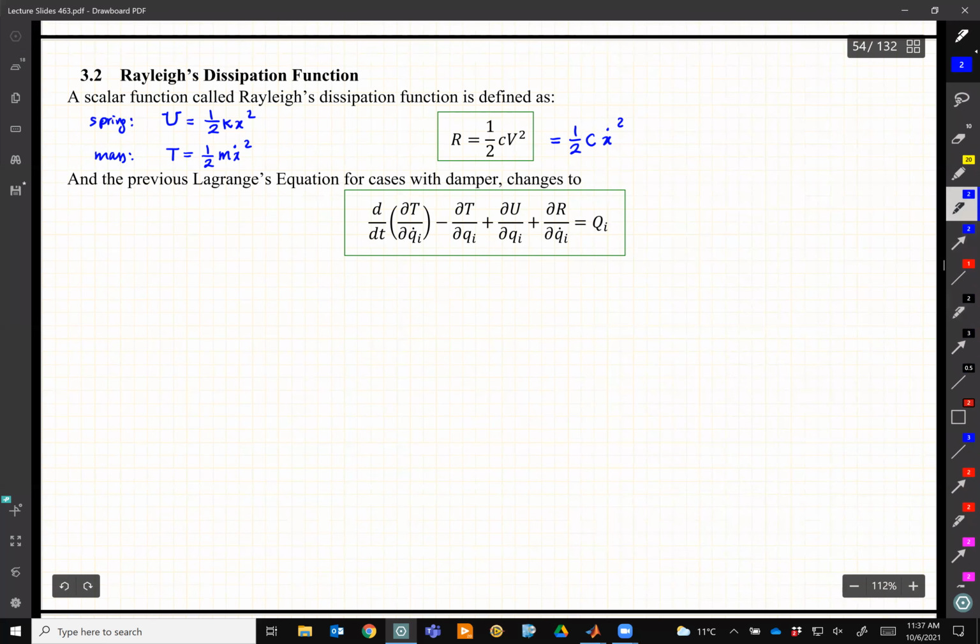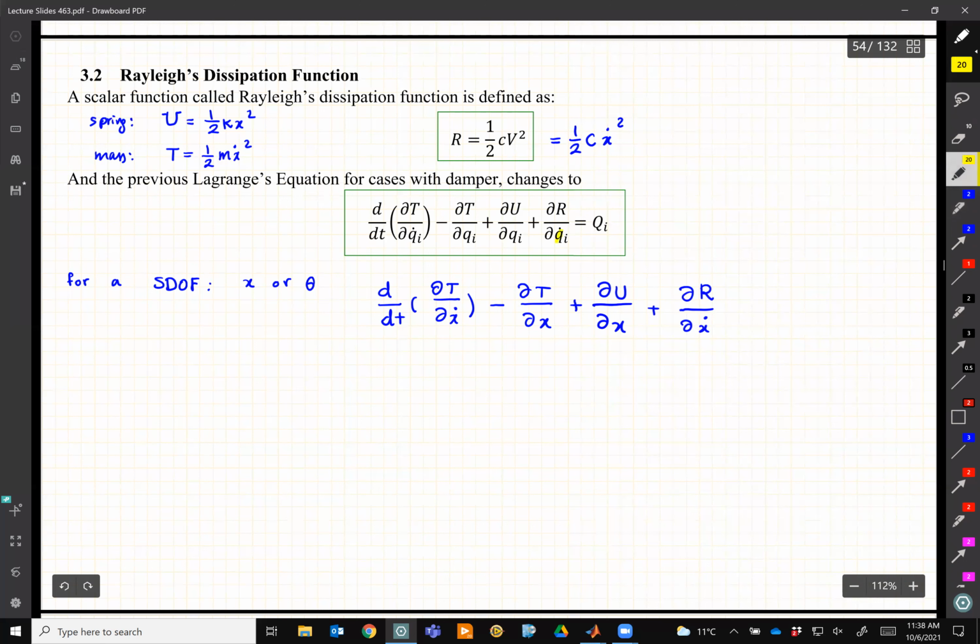So for a SDOF system, a single degree of freedom system, either we have x or theta, right? Our variable. So this becomes d over dt derivative of T with respect to x dot, minus derivative of T with respect to x, plus derivative of U with respect to x, and derivative of R, we have a new term, which is for the damping, with respect to x dot.